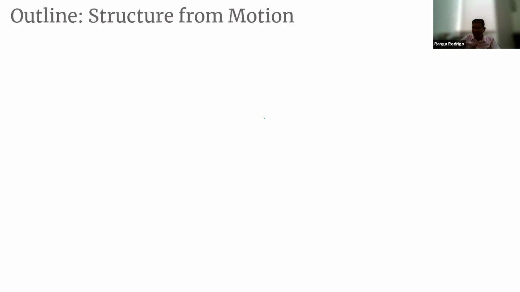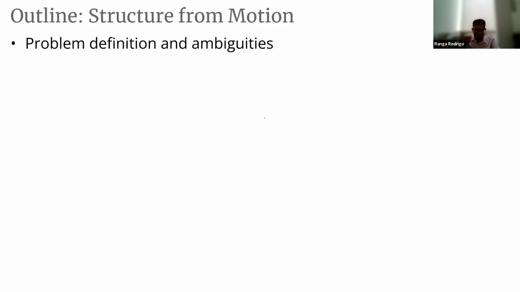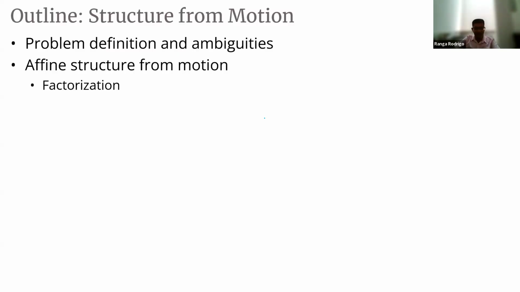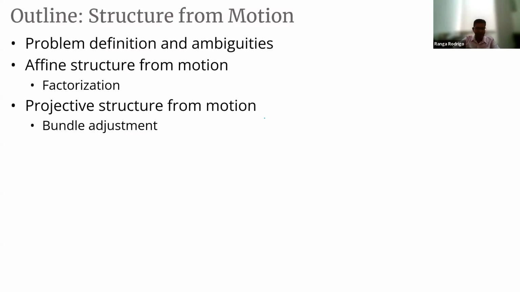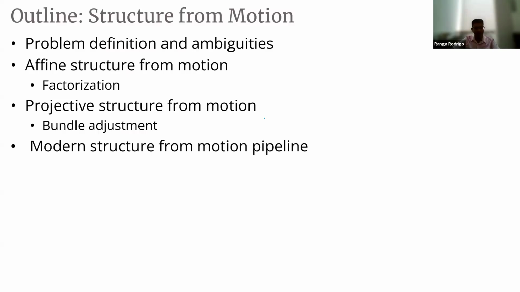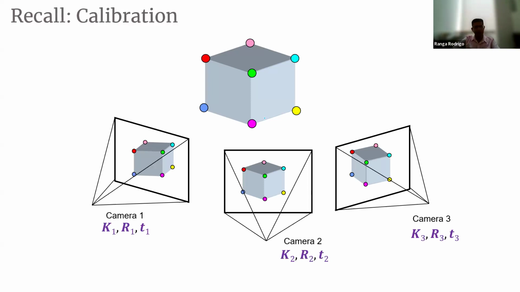Let's briefly look at an outline of structure from motion. First we define the problem and understand the so-called ambiguities. Then we look at affine structure from motion using a technique called factorization, which I think was invented by Professor Takeo Kanade. Then projective structure from motion, and briefly the important concept called bundle adjustment. And finally the modern structure from motion pipeline, without too many details.